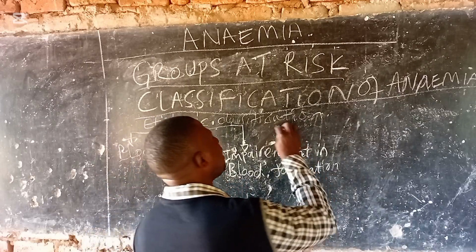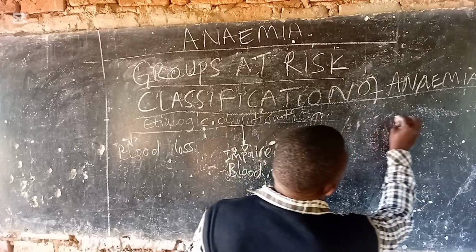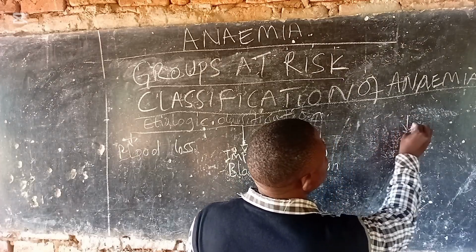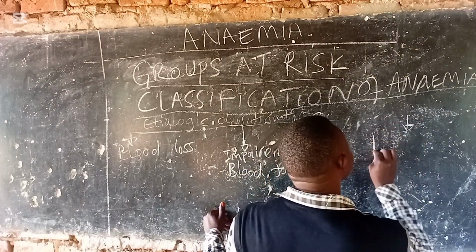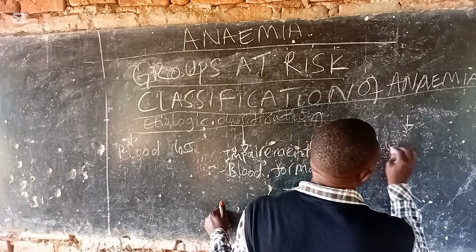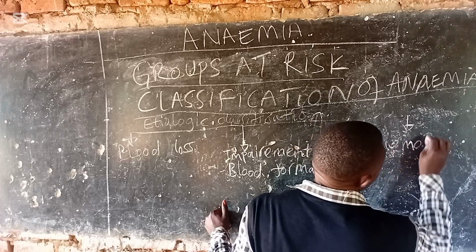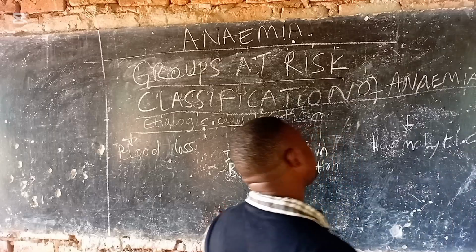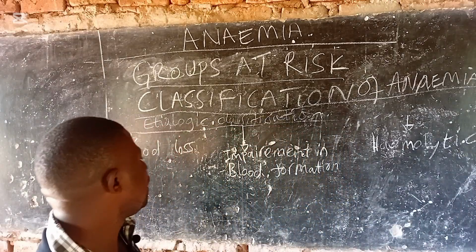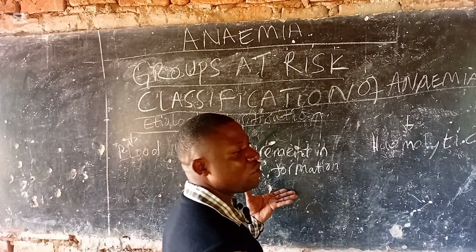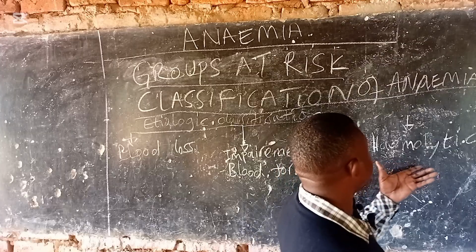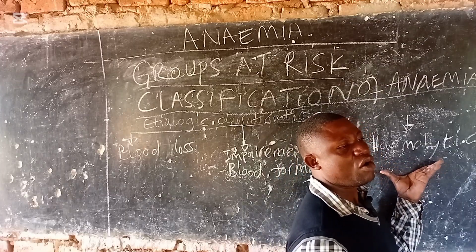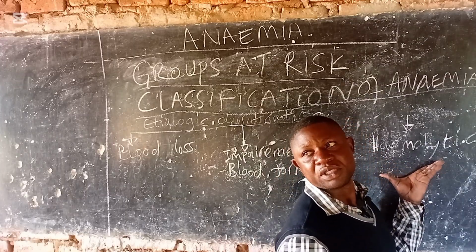Then another way we can classify anemia is hemolytic anemia. Blood might be formed very well, but then broken down.